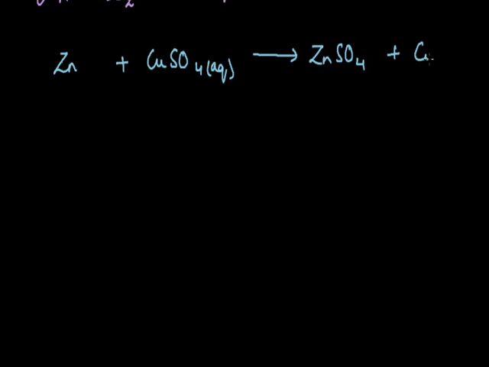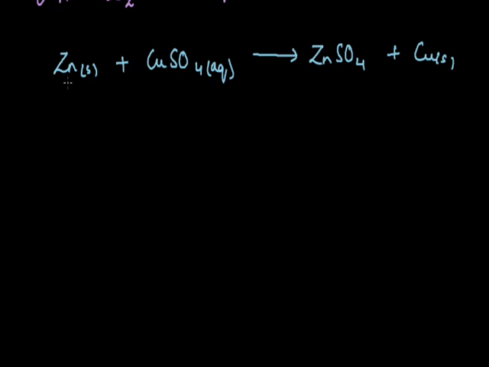Similarly, we can take another example of zinc and copper sulfate aqueous solution. When zinc is immersed in copper sulfate aqueous solution, we will see that there will be formation of a colorless solution, that is zinc sulfate, and deposition of copper. Now in this case also there is the oxidation reduction reaction, that is the redox reaction.